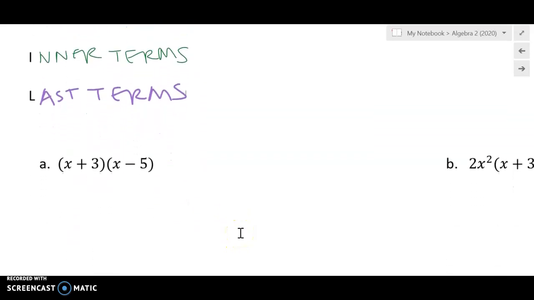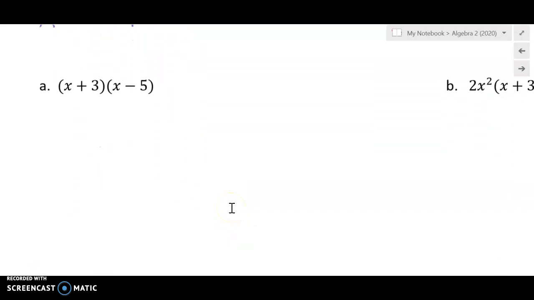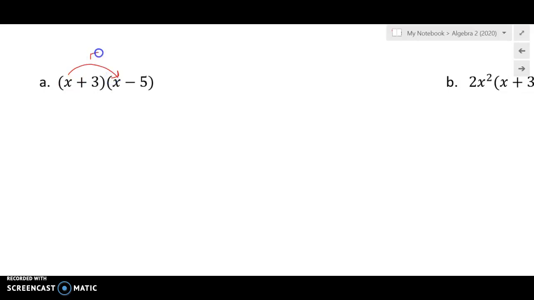I'm going to show one problem on the screen at a time. So I have a binomial times a binomial. I personally think FOILing is the easiest way to do this. So I do the first term. I'll do this in red, and I'll put a little F for first. I do x times x, which gives me x squared, and I write it below.